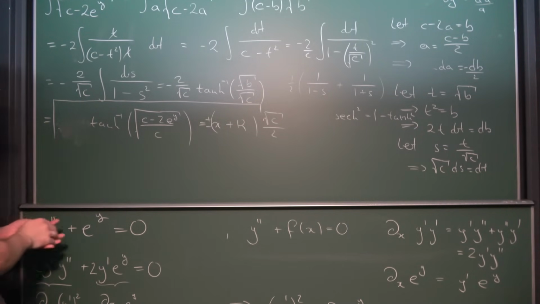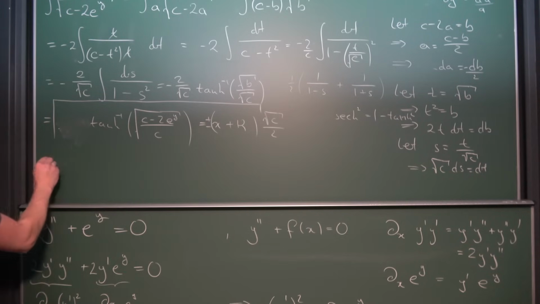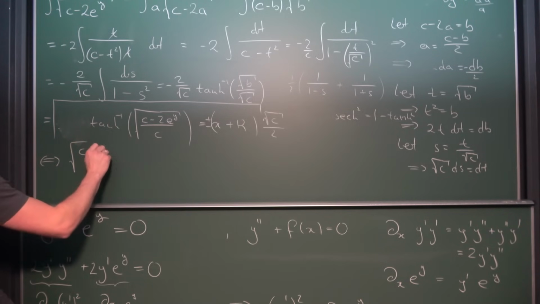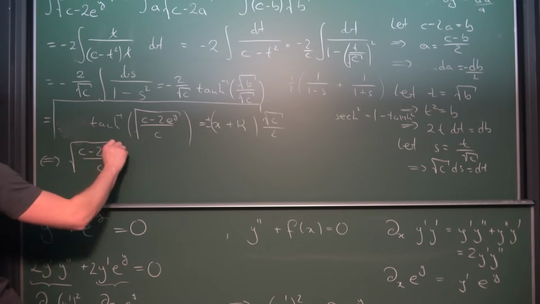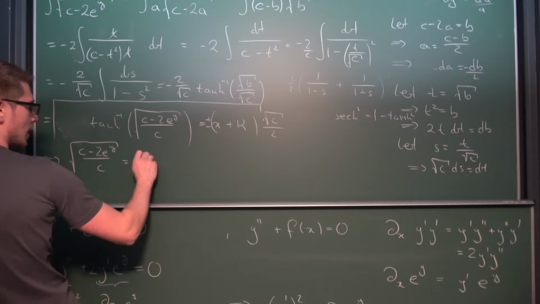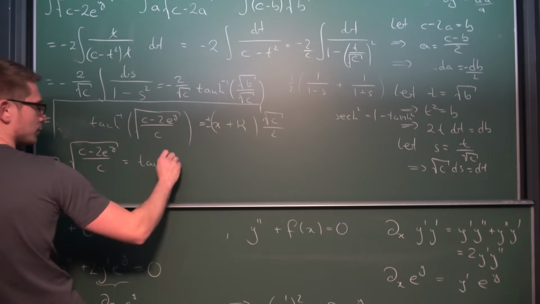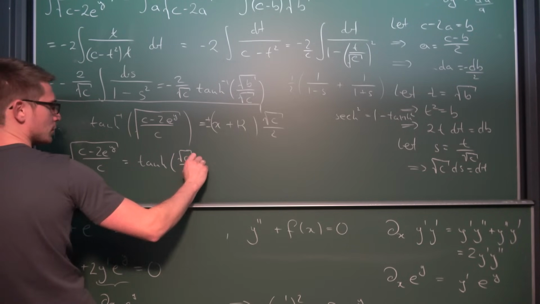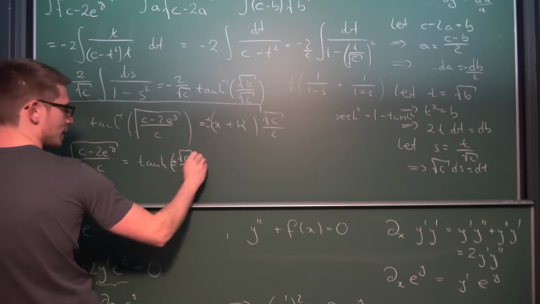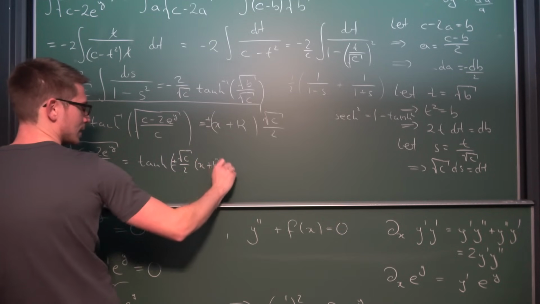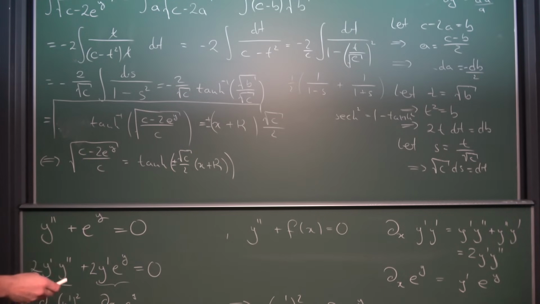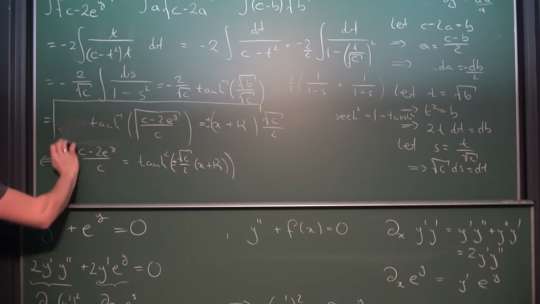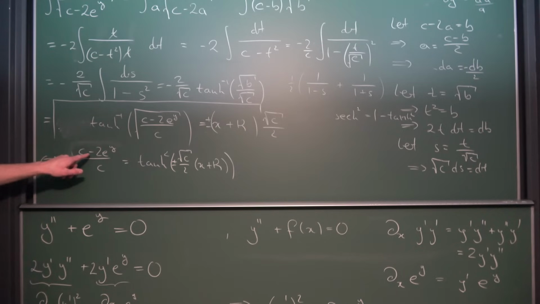Using the hyperbolic tangent on both sides, we are going to get that the square root of c minus 2 e to the y divided by c is equal to the hyperbolic tangent of square root of c divided by 2 with plus minus at the front, x plus kappa. And now we can square this bit on both sides. I'm not going to erase anything on this blackboard now.